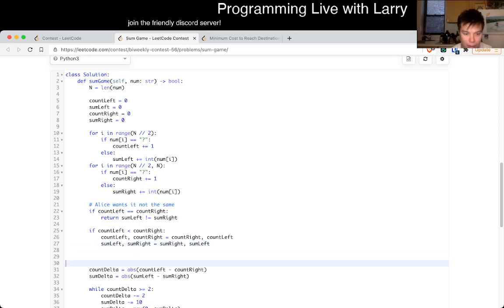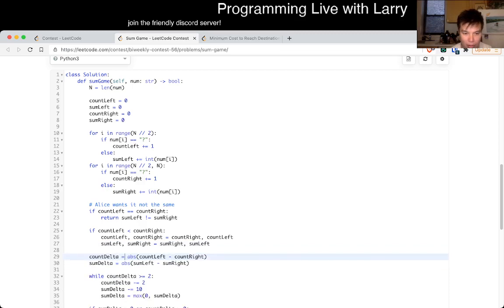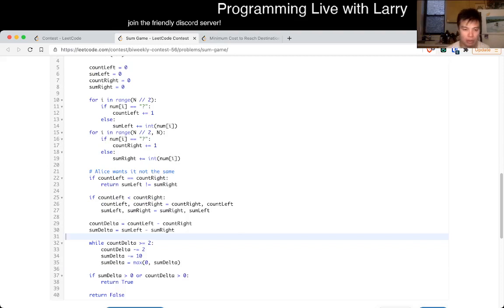Okay, and then now we can do the thing of count delta is equal to this thing, and then sum delta is the absolute value of this. Okay. And then now we can do something with the signs.